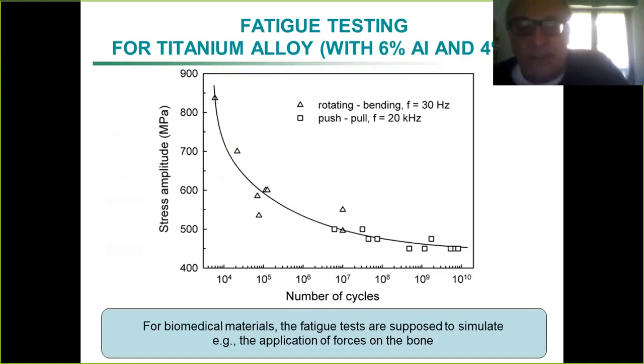And of course, depending on the number of cycles, it will break at a lower stress. So it is inversely proportional, not a linear curve, with more than a linear trend.